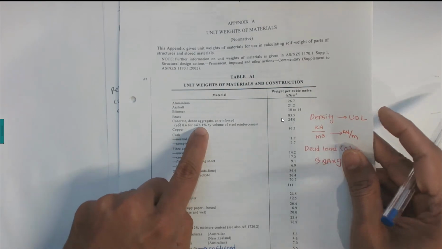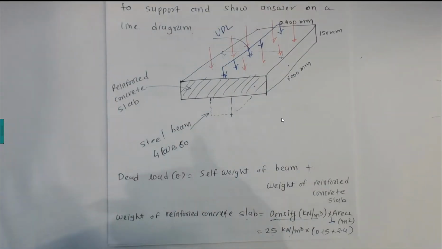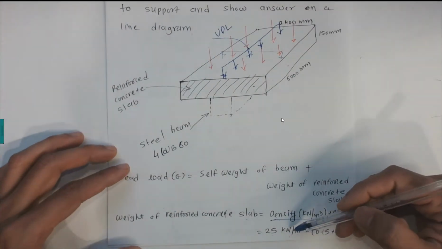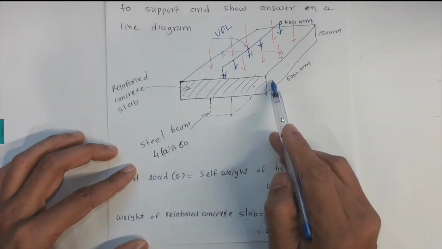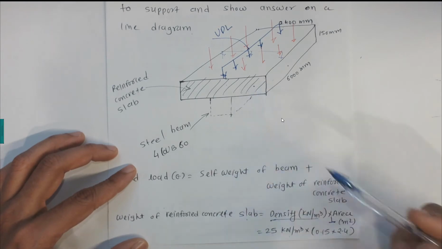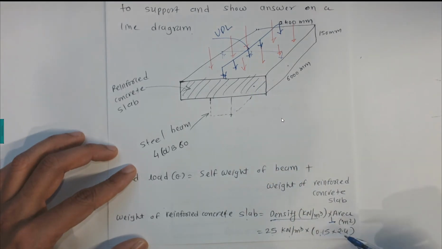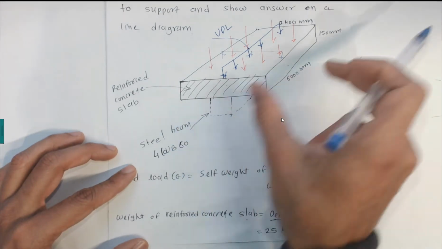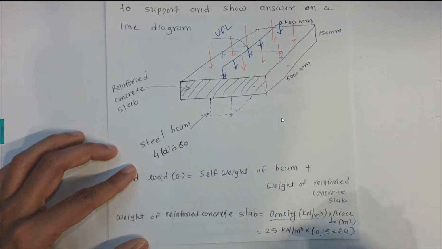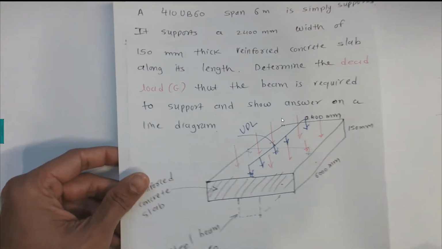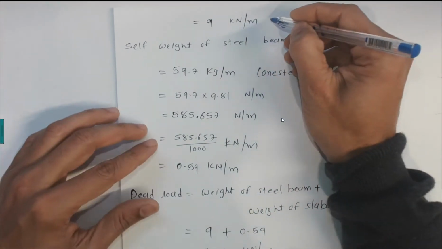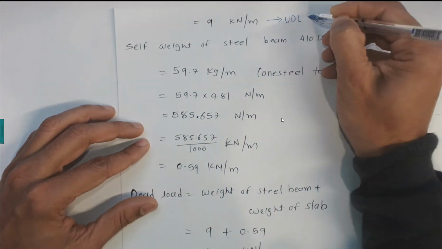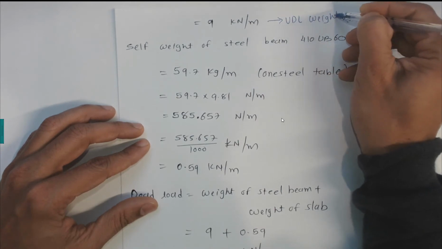Here we take the rounded 25 kilonewton per meter cube, but you can take 24.6 kilonewton per meter cube or 25 kilonewton per meter cube, times the area, which is this thickness 150 millimeters, which is 0.15 meters, times this width, which is 2.4 meters. That will give us the answer 9 kilonewton per meter. So that's the UDL load due to the weight of the slab.